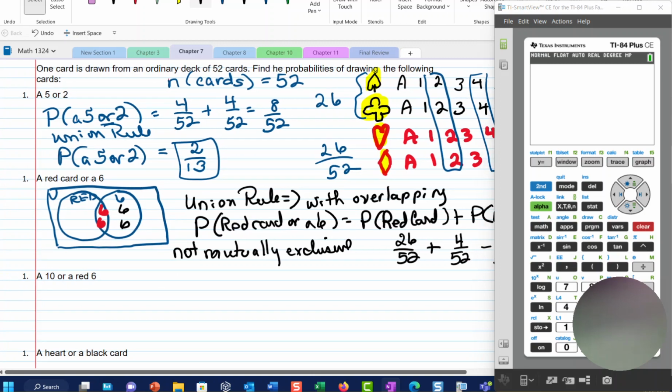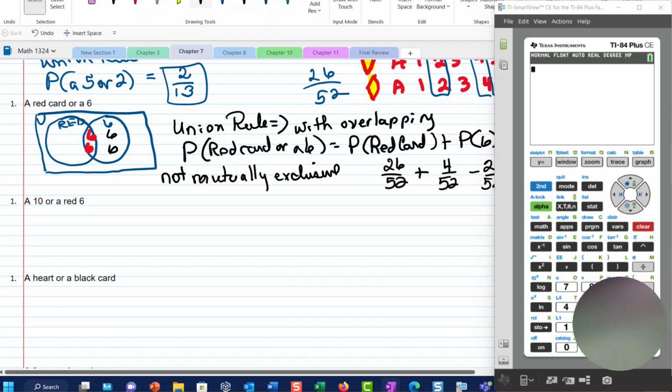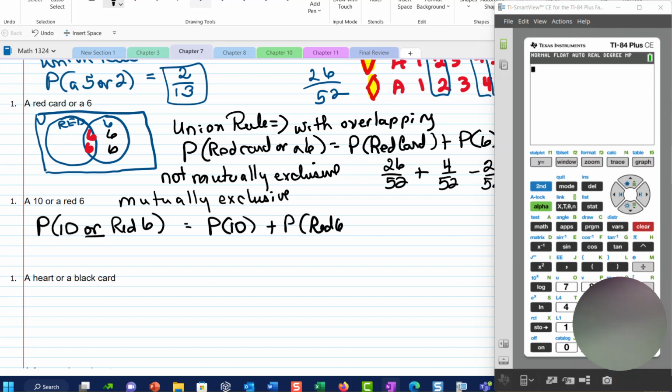All right, so here we go. Now we want a 10 or a red 6. Now these are mutually exclusive. Right. Probability of a 10 or a red 6. Well, we know that the probability of a 10 plus the probability of a red 6 is mutually exclusive. So we only have those two to contend with.